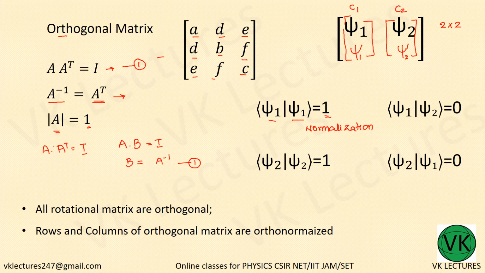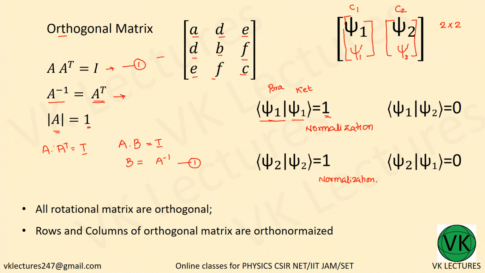And psi 2 star psi 1 equal to 1. This is also normalization. Okay. And what about if you have, this is nothing but the bra vector and this is the ket vector.